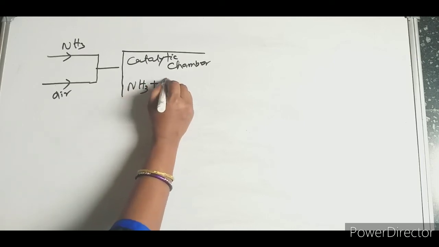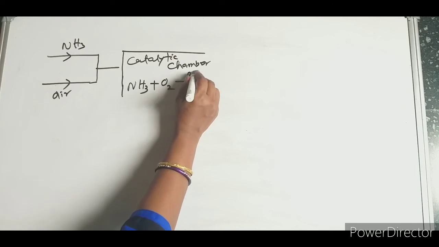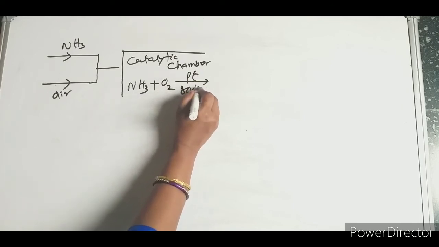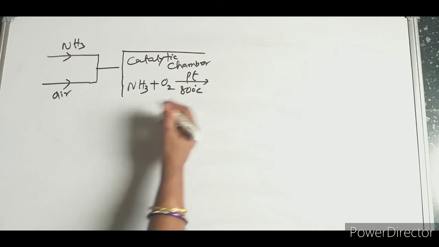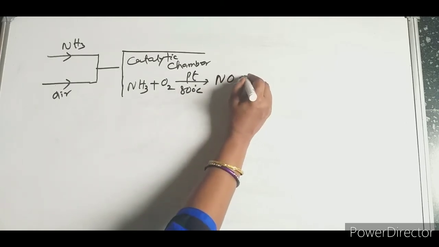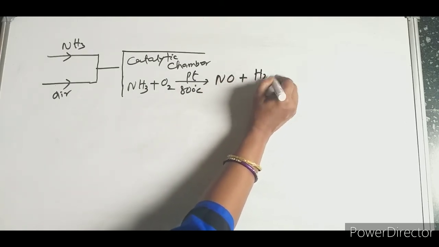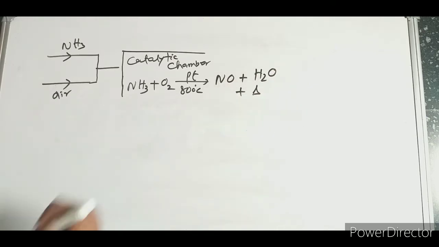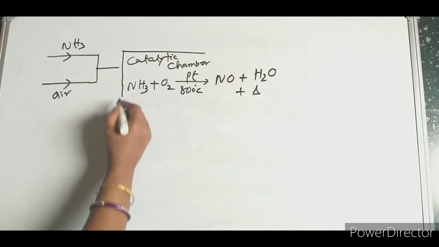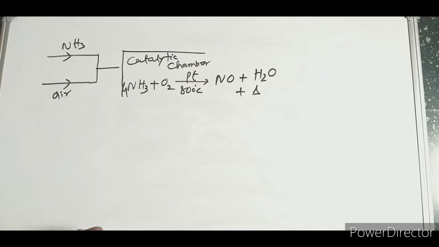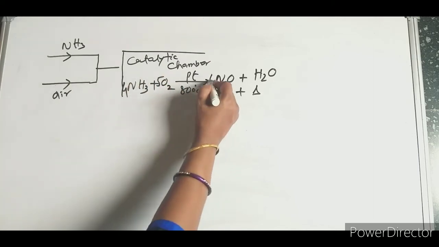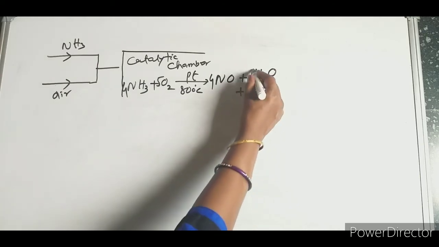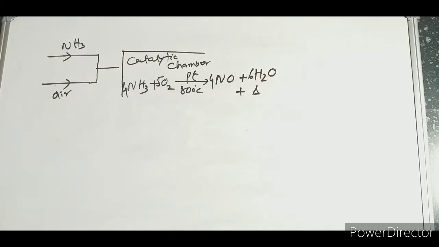Ammonia with oxygen in the presence of platinum at 700 to 800 degrees Celsius is converted to NO and water along with heat.